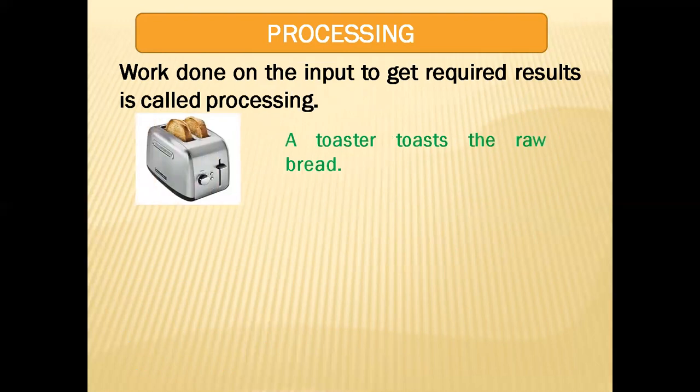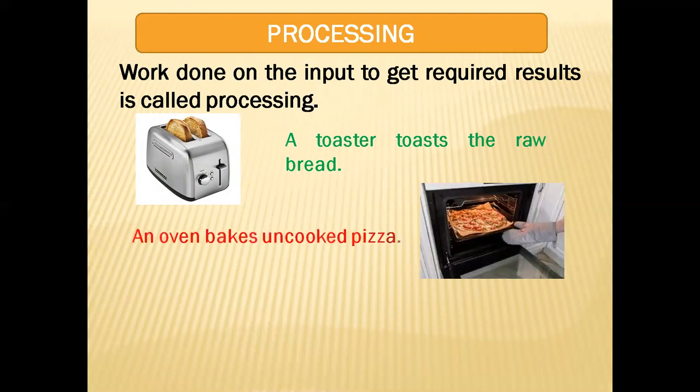Processing is the work done on the input to get required results. Now that bread was put into the toaster and the toaster toasts the raw bread. This processing is done by the toaster. Same way, the oven bakes uncooked pizza into a cooked one.